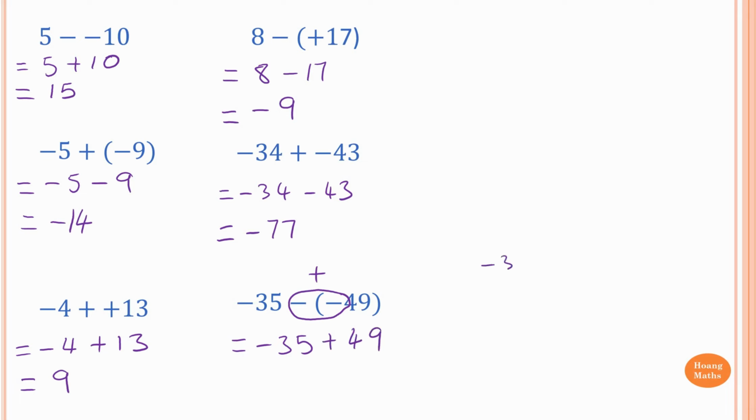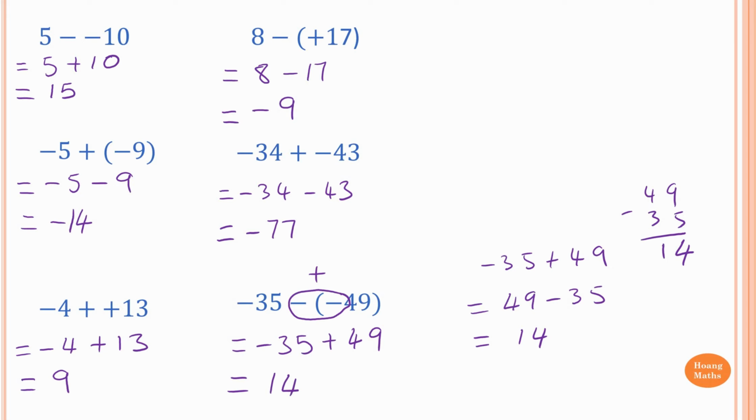Minus 35 plus 49 is exactly the same as 49 minus 35, right? So therefore, we go 49 minus 35. 9 minus 5 is 4, and then 4 minus 3 is 1. So the answer is 14. So therefore, this here is equal to 14.